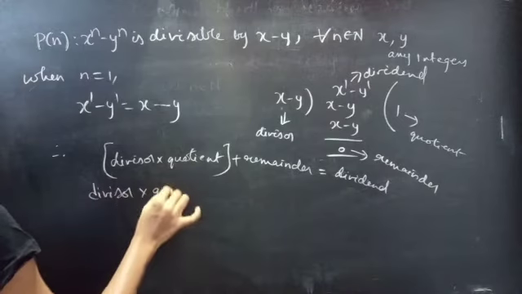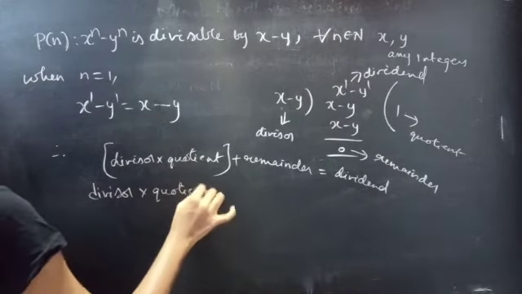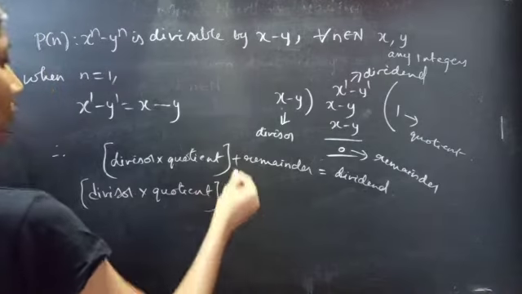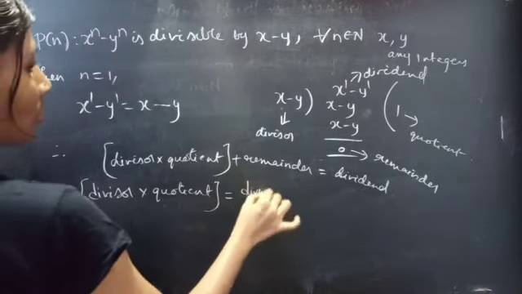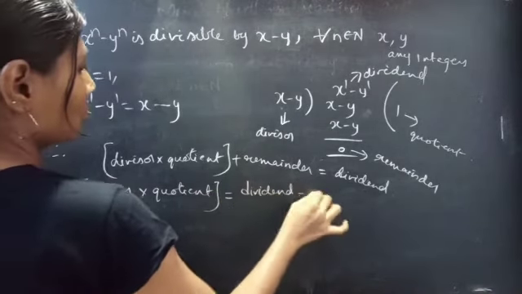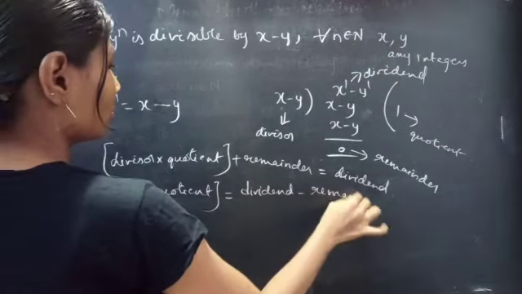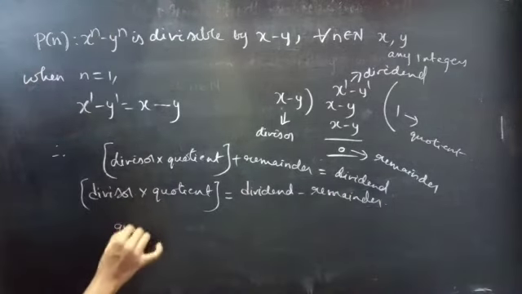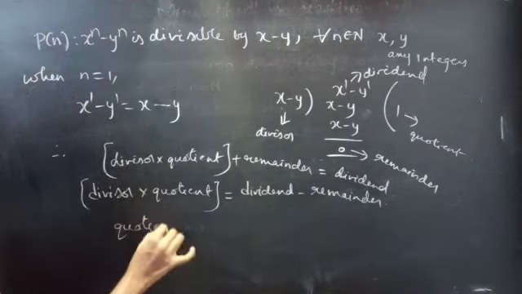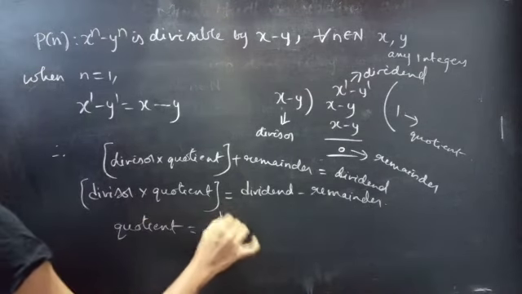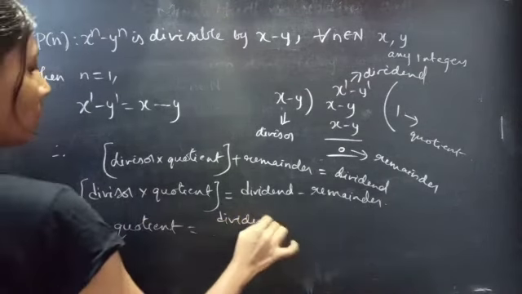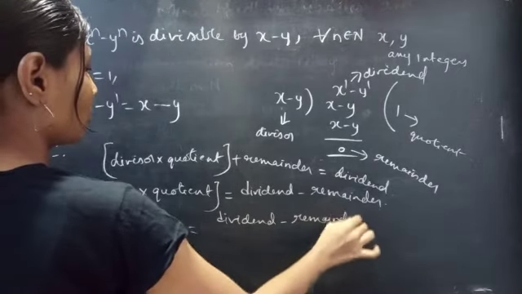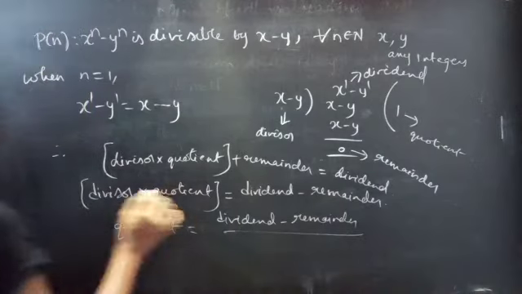Divisor into quotient equals to, from this we'll get, dividend minus remainder, and quotient equals to dividend minus remainder by divisor.